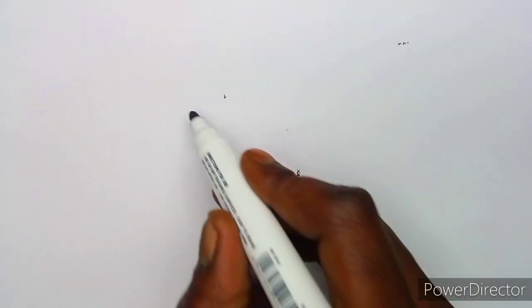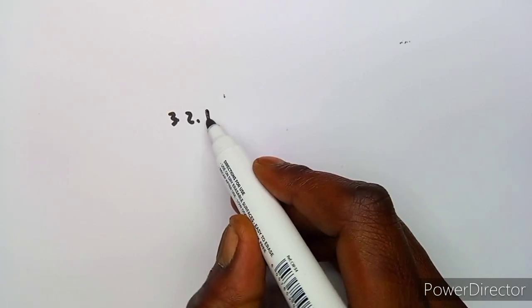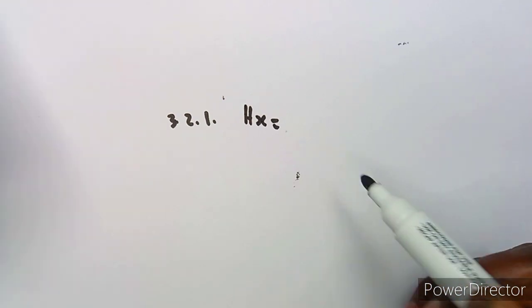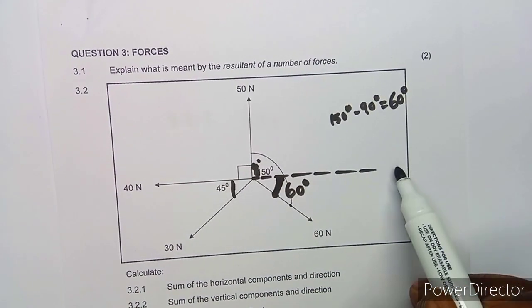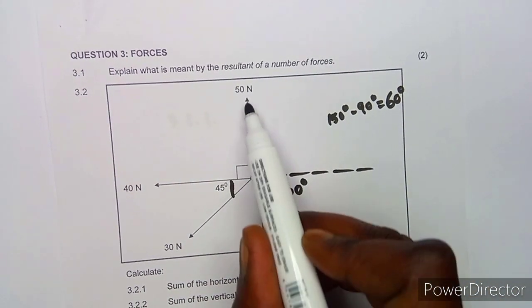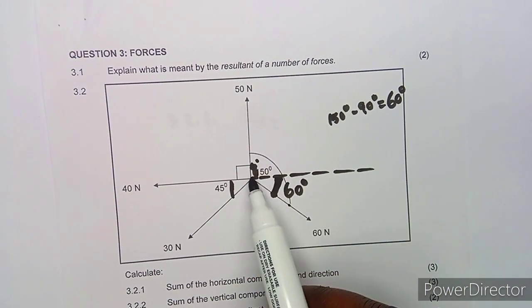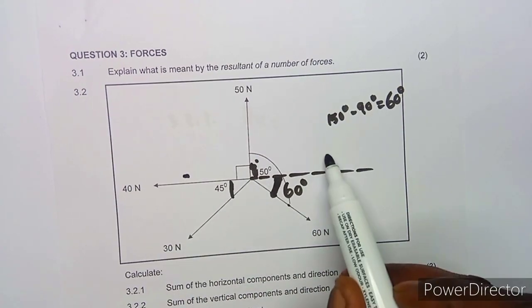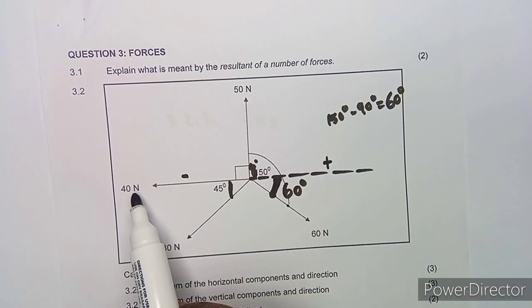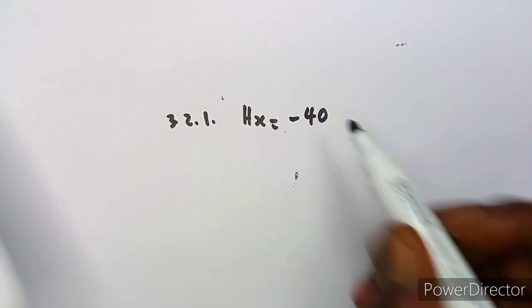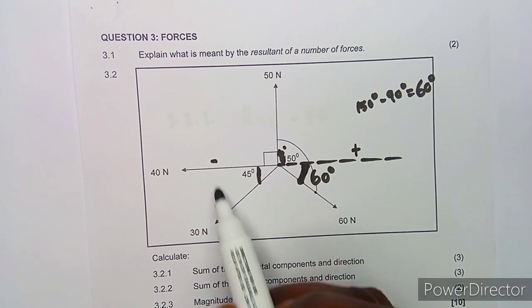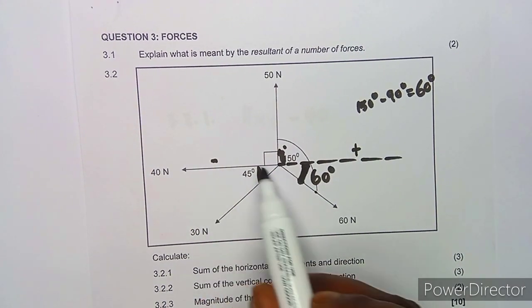Now let us calculate the sum of the horizontal and the direction, which is on 3.2.1. So you know that the horizontal components are the ones which use cos. So here we do not have anything. Okay, here this is a straight horizontal, so you're going to take this one, which is on the left side, and it's a negative. Remember, horizontal it's positive here, negative there, so it's going to be negative 40. All right, in between this angle of 45, we've got a horizontal which is 30 cos 45.